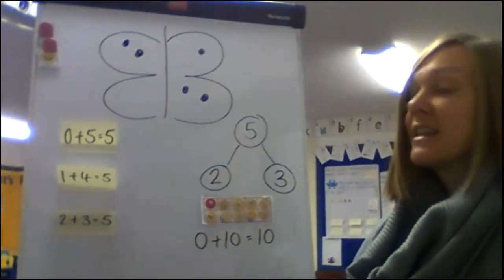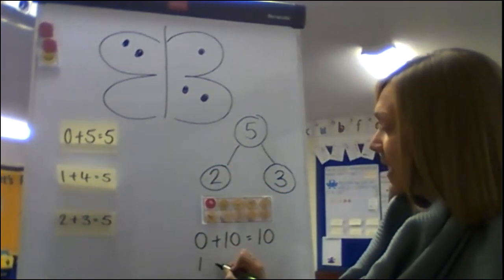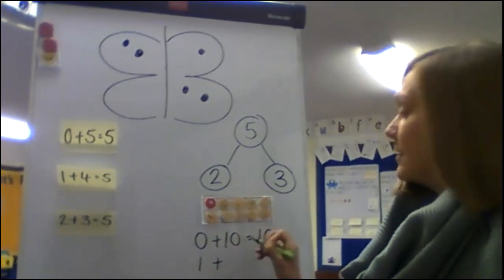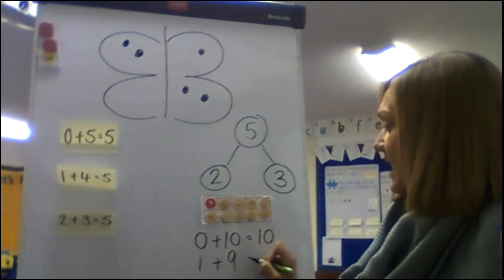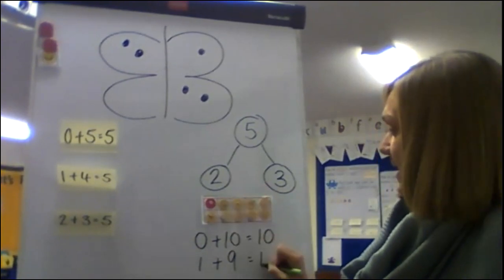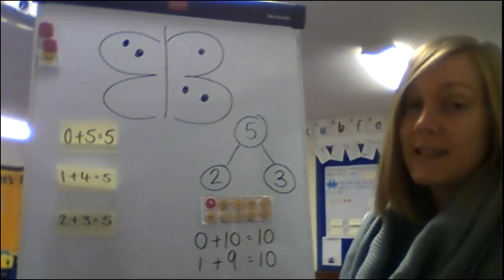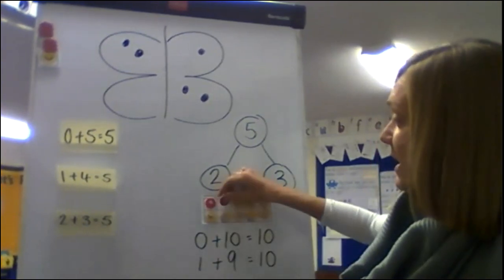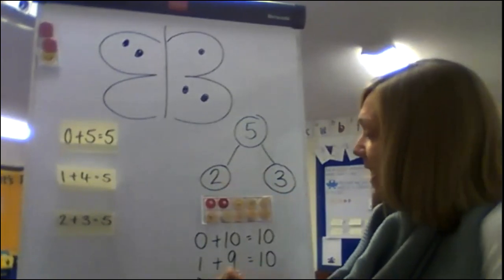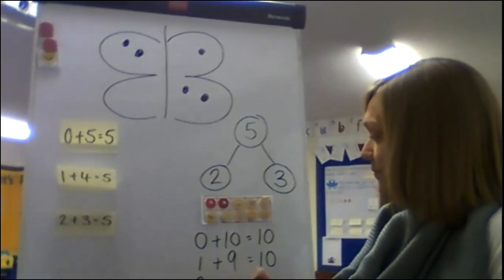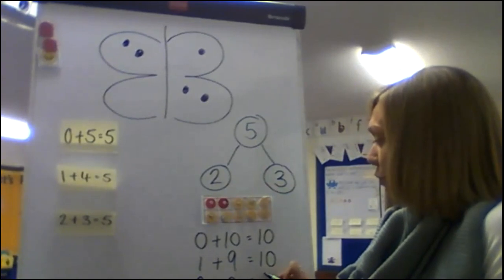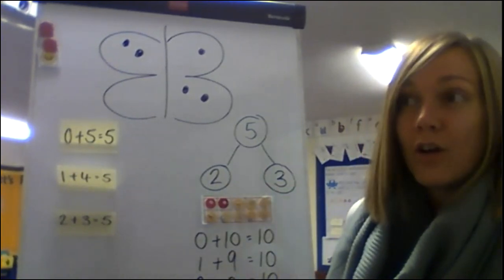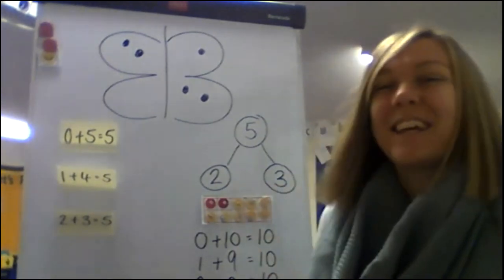So now how many red can I see? 1. And how many yellow have I got? 9. And of course, I haven't taken any away. They're just creating another number bond. So I'm still getting my answer 10. And we learned that we could keep going all the way through our number bonds until we turned all the counters round to make 10 red ones. That's the colour I'm thinking of.